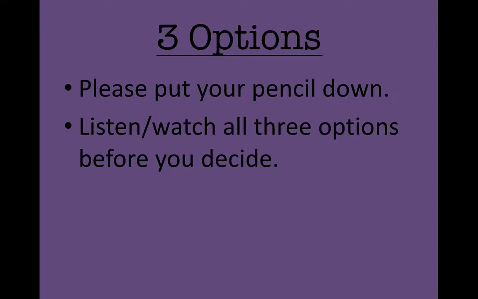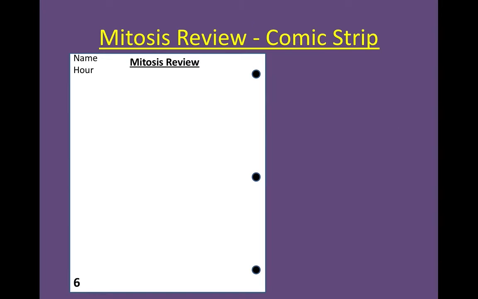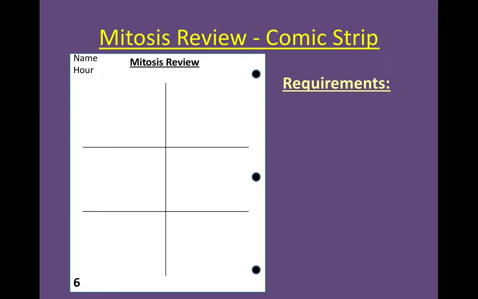All right, so the first option is a Mitosis Review comic strip. Now, for the comic strip, the requirements are that you do at least 6 panels or 6 boxes. Now, you can do more, so I wouldn't pre-draw this. I would wait until you've decided what you want to do.